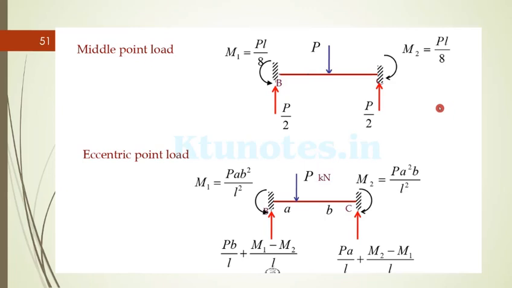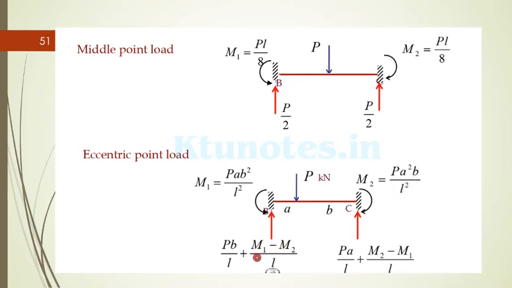Similarly, if the load acting is an eccentric one, which is at a distance of a from the left support and b from the right support, the corresponding moments are Pab square by L square for the left support, and for the right support it is Pa square b by L square.